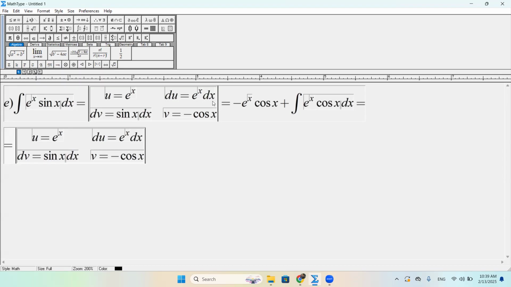You mustn't change them. Otherwise, you will only make your calculations more complicated. So again, u equals e to the power of x and du equals e to the power of x dx. dv is now cosine of x and v equals sine of x.